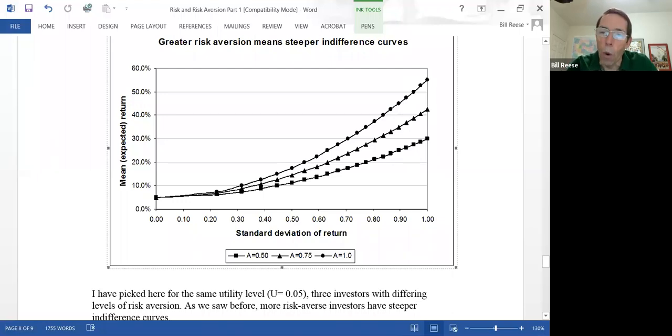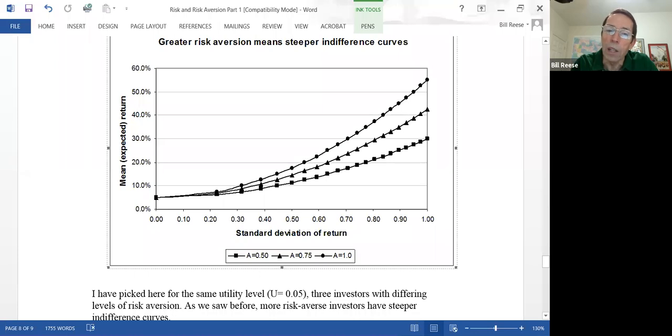Every single point on these curves, okay, here with the circles, gives the investor a utility of 5%. Also, every single point on these with the triangles gives the investor a utility of 5%, and every single one of these with the squares also gives the investor a utility of 5%. And we know that because for each of them right here, when you've got a standard deviation of 0, you get 5%.